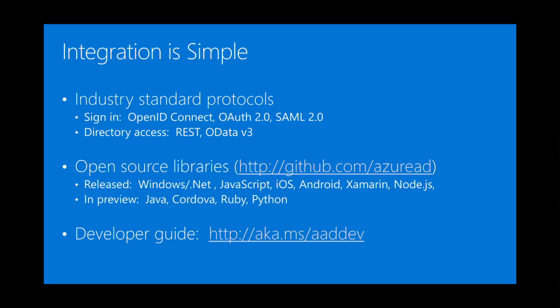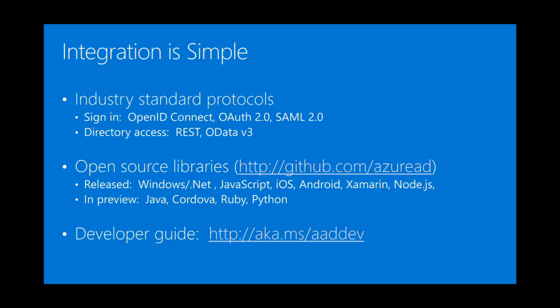And given that we live in a very pluralistic world with many different languages, many different platforms and similar, we try to cover as many of the common platforms as possible. So of course, you have stuff on Windows, of course, you have stuff on .NET, but if you are developing for iOS in Objective-C, I don't judge you, but we have a library for you in Objective-C. How many of you guys work on iPhone? Not a lot.